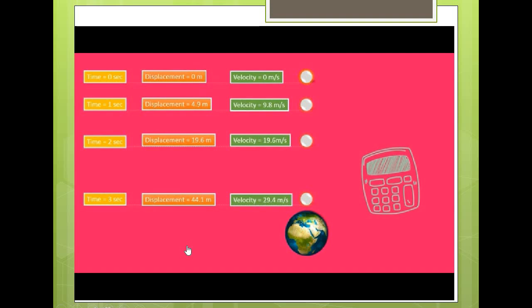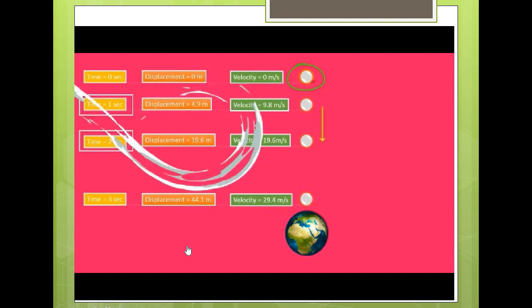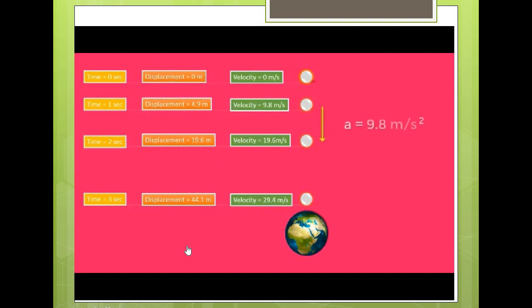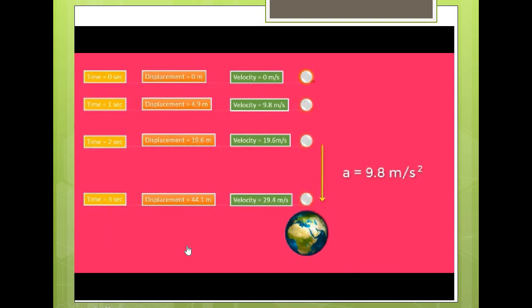Hence, the change in velocity is 9.8 meter per second square. This is the acceleration of this body between 0 and 1 second. Similarly, between 1 and 2 seconds, it is again 9.8 meter per second square. And between 2 and 3 seconds, it is again 9.8 meter per second square.